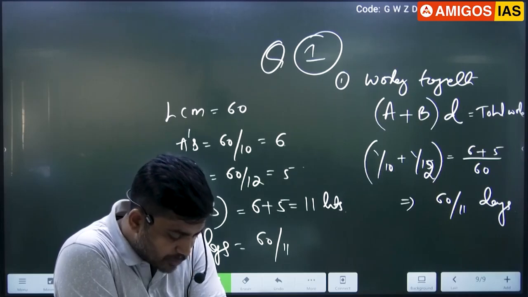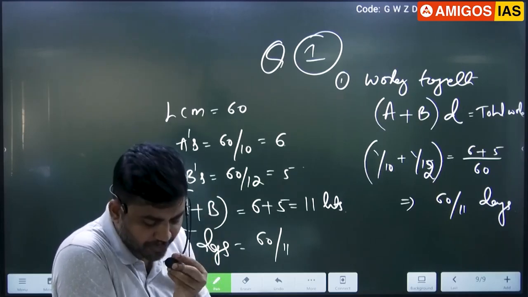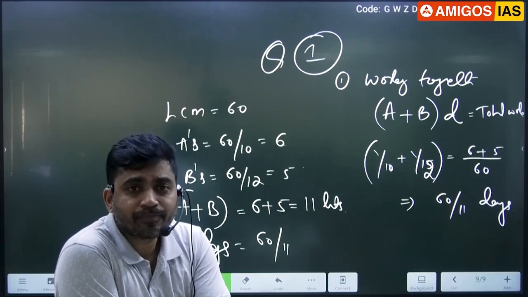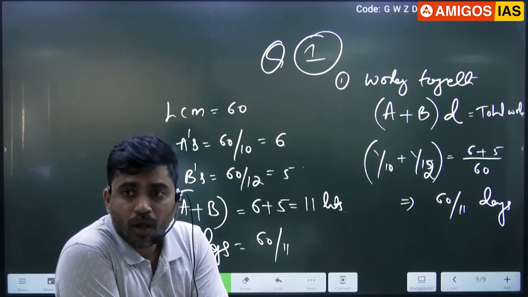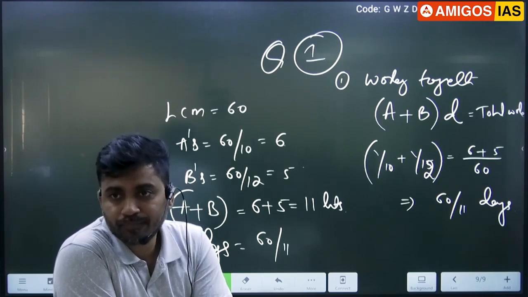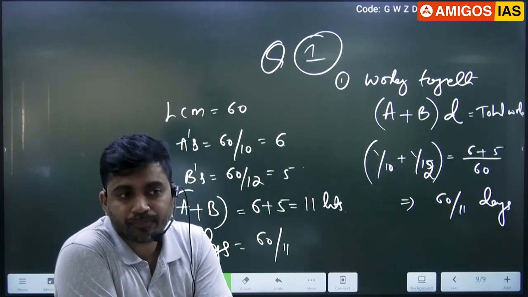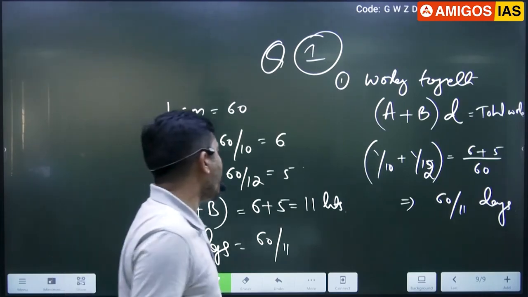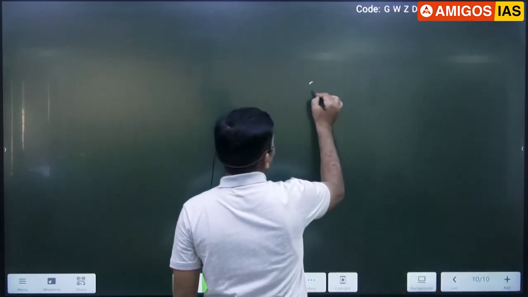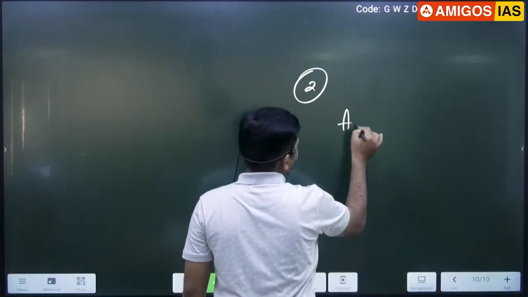Chalo. Question number 2. A and B start working together, but A left after 3 days. So after 3 days, A left. Only B is doing remaining work. For how many days he is doing work, we don't know. First, write down the basic equation.